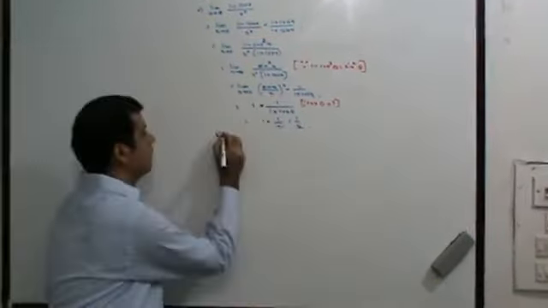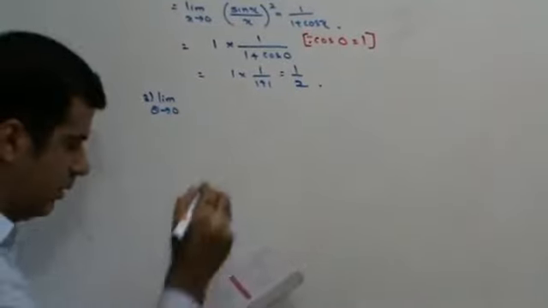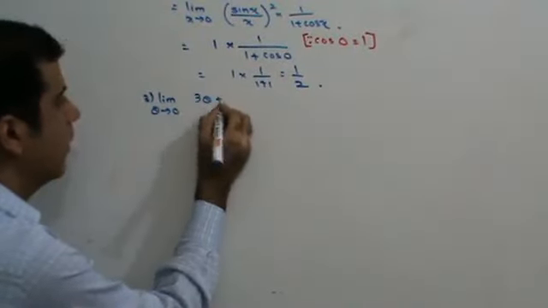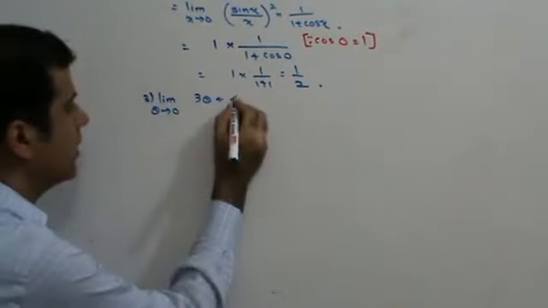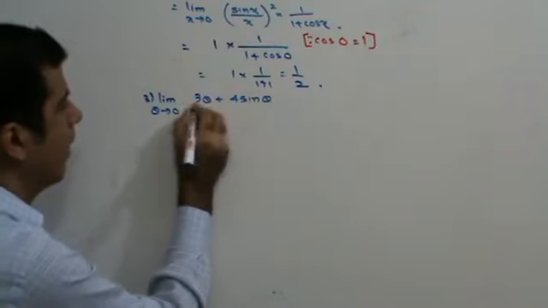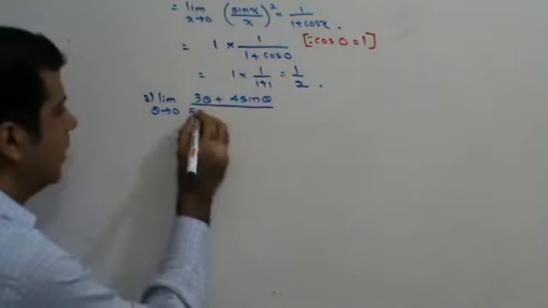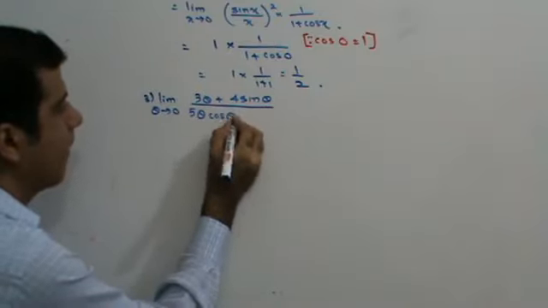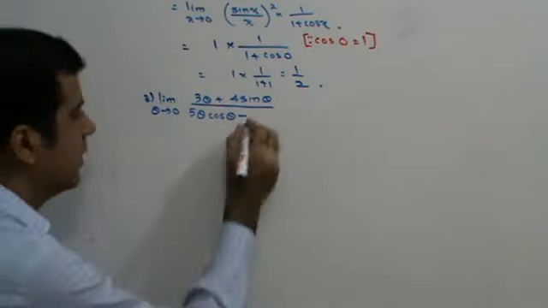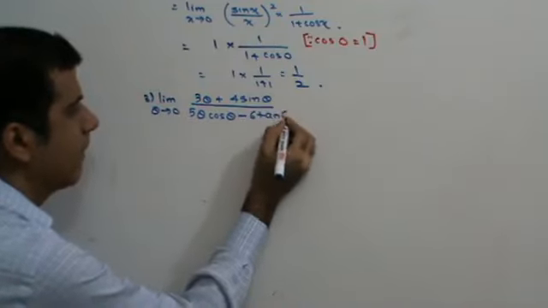Limit of theta tends to 0, 3 theta plus 4 sin theta upon 5 theta cos theta minus 6 tan theta.